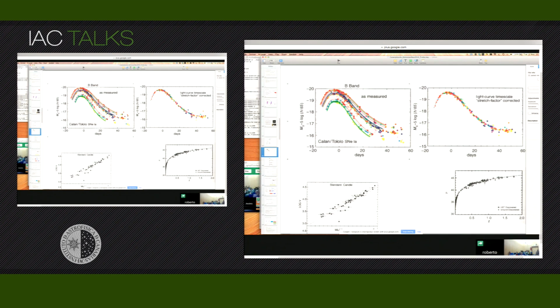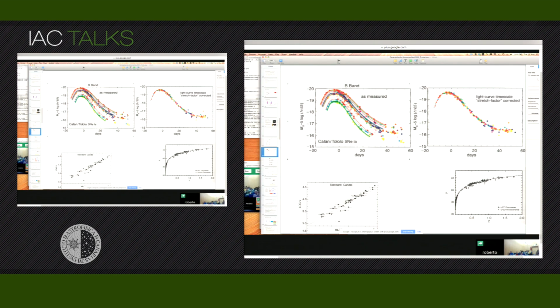But you also observe another key thing in this plot. Remember, this is absolute magnitude. So at the top end, those are brighter objects. At the bottom end, those are less bright, fainter objects. What you observe is that the brighter objects decay more slowly.